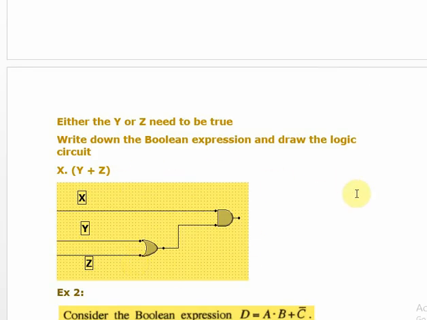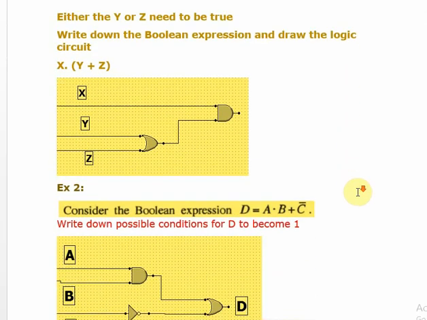It's very simple. If you understand the theory, for any complicated Boolean expression you can design the logic gate. Now see this one.